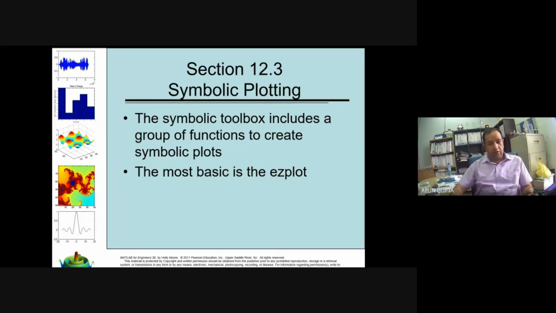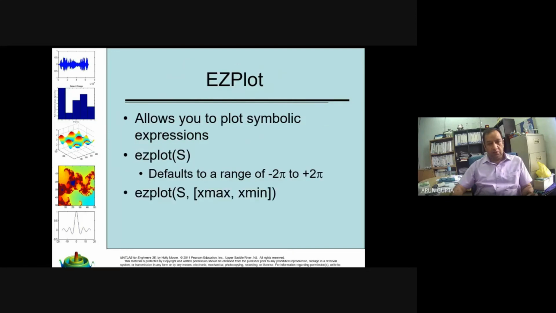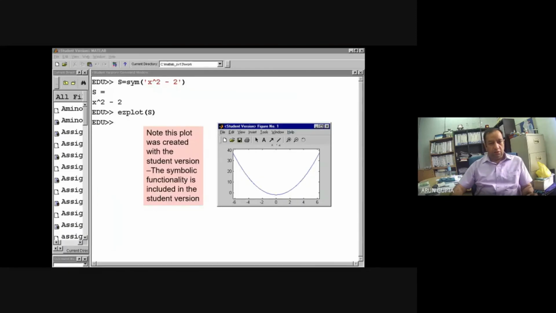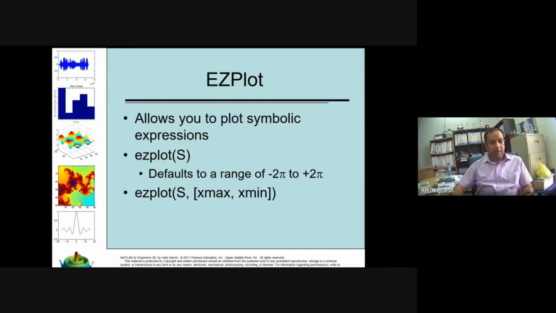Okay, so you try one example. The rest of the thing is same. Suppose the word you need to use is EZPlot. We cannot write down PLOT. Plot is for normal plotting, but EZPlot is for the plotting with the symbols.